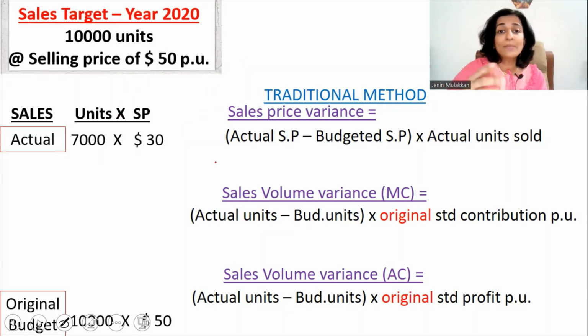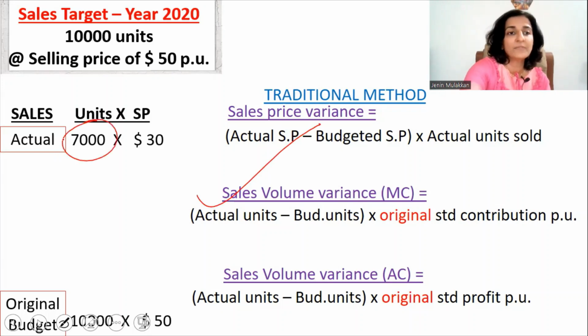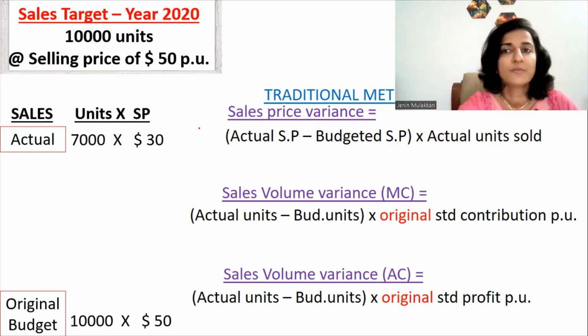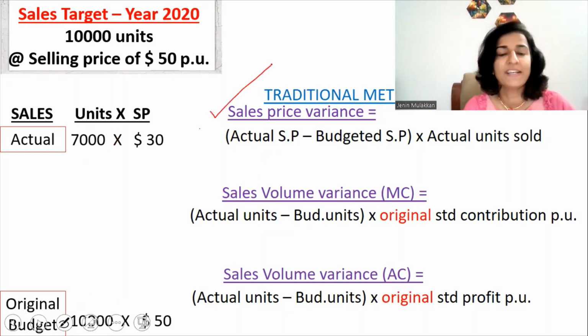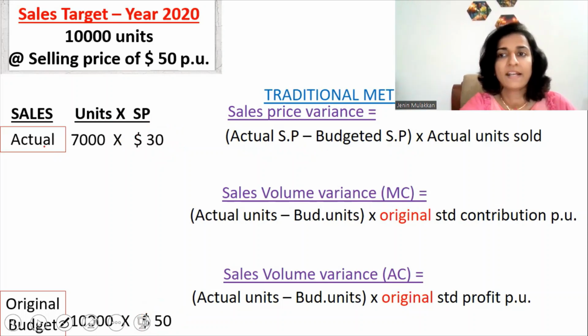So under the traditional method, we are supposed to calculate the sales price variance, that is the difference between the selling prices, and the sales volume variance, that is the difference in the quantity. So first we will calculate the sales price variance. Actual selling price is $30, budgeted selling price is $50, and actual units sold is 7,000 units.